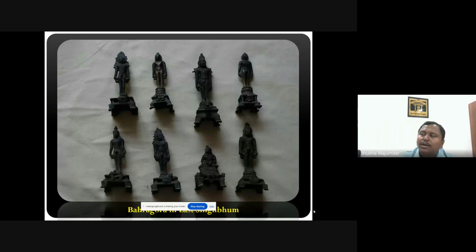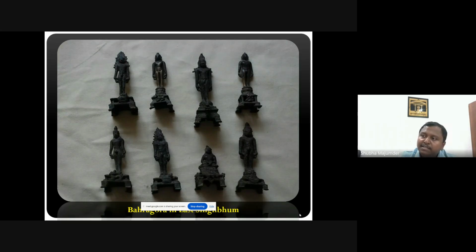I have already told about the metal images from different parts of Jharkhand, but due to non-identification, sometimes we do not identify the Jain images properly. These images are also found from Jharkhand and are presently displayed in the Jharkhand State Archaeology Museum.